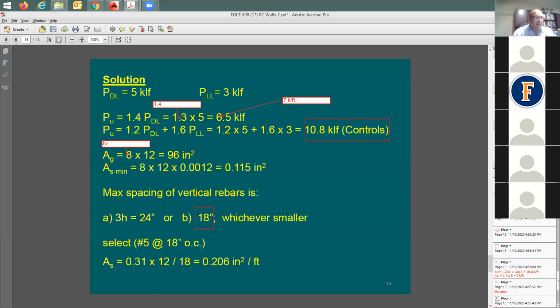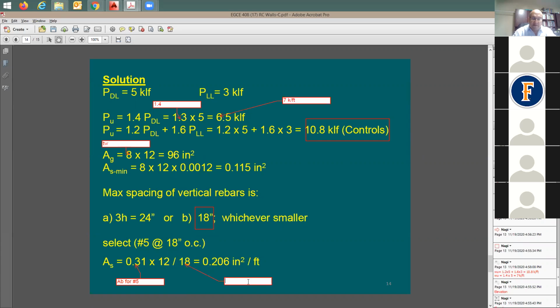Here's number 5. This is going to be what? Ab for number 5. You remember, 0.31? This 12 inch is going to be the length of the wall, and 18 inch is going to be the spacing. Did you guys hear me? Am I correct? Yes, because I'd like to have it at the end per foot.